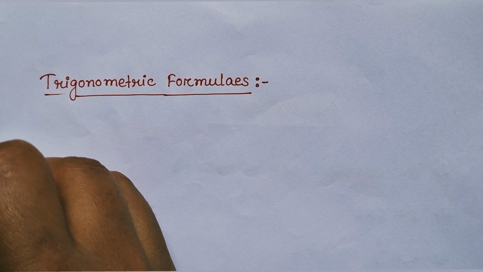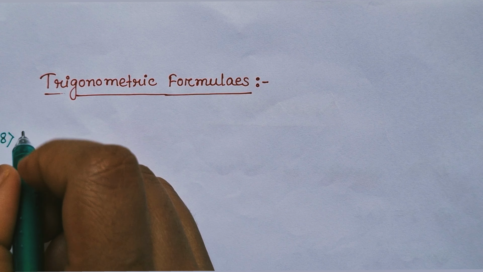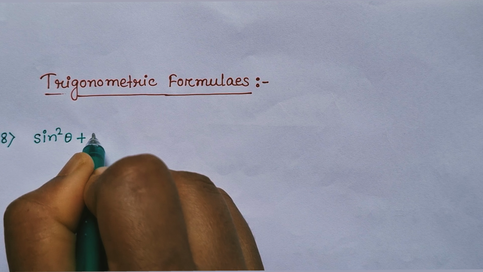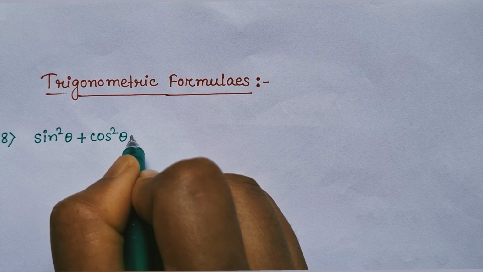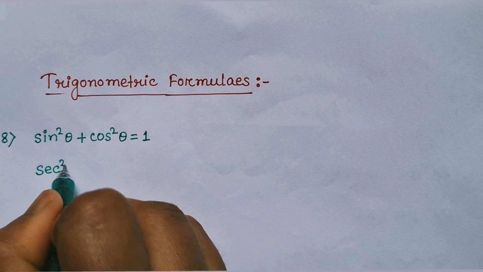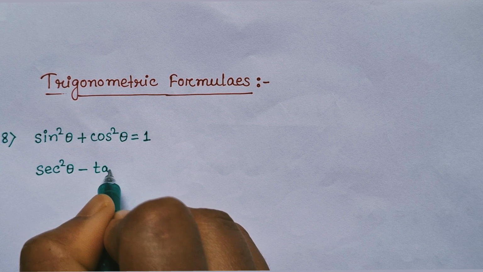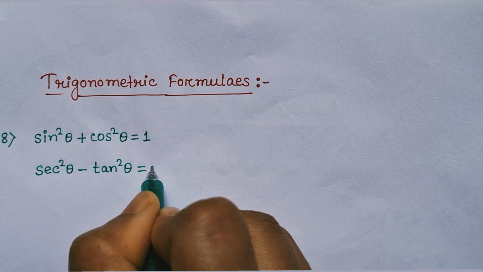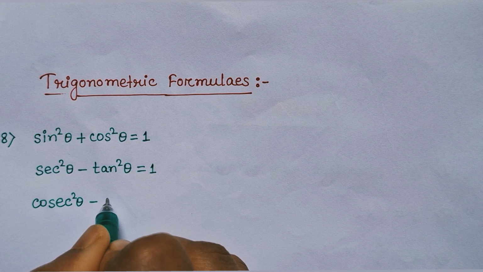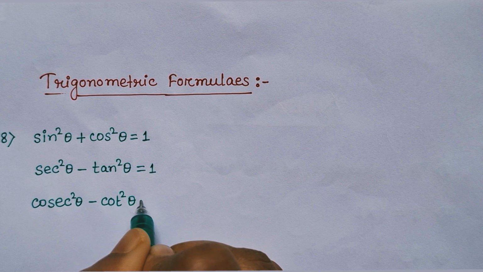Now let's move to number 18. So what are the formulas? Sin square theta plus cos square theta equals always 1. Sec square theta minus tan square theta equals always 1. And cosec square theta minus cot square theta equals always 1.